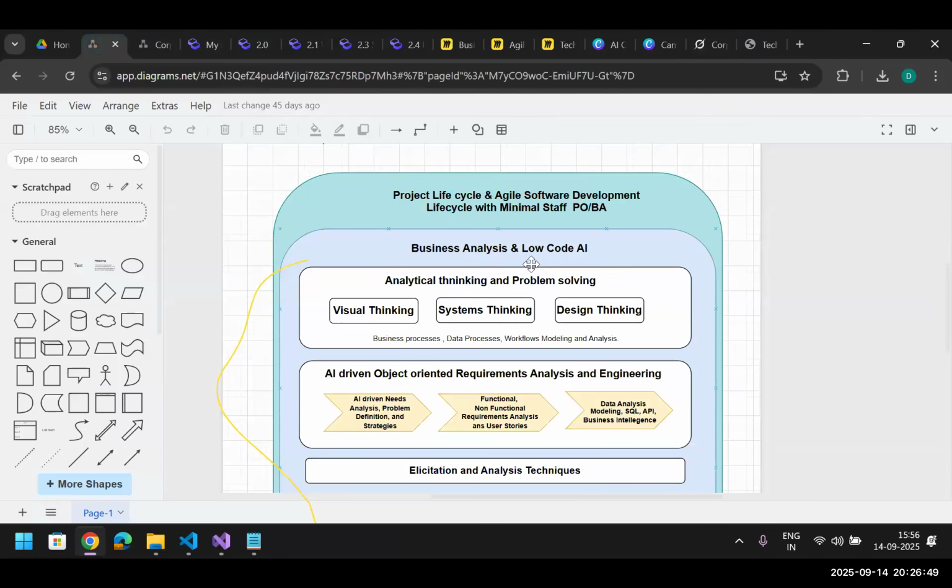Keeping all this in mind, let's look at low code AI tools where even a BA should be able to develop applications. Not complex enterprise applications, but at least productivity tools. And they can be orchestrated, maybe connecting with each other. Now everybody was talking about agentic AI, right?